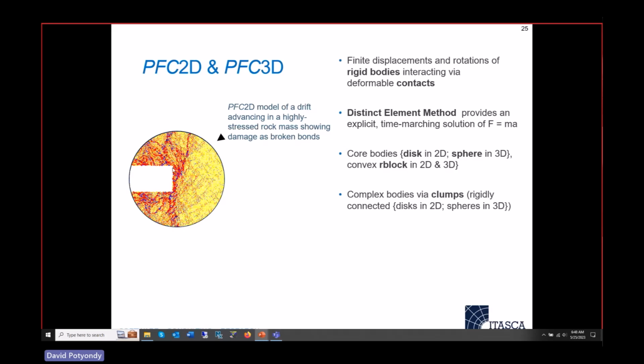You're basically just deleting particles, which represents an advancement. And here at this particular stage, these are all the broken bonds. Red is micro tensile failure, blue is micro shear failure, and one of the things you're seeing here is a shear band forming along here and a shear band forming along here. As you move this forward, the stresses are so high, it pushes material in behind the face.